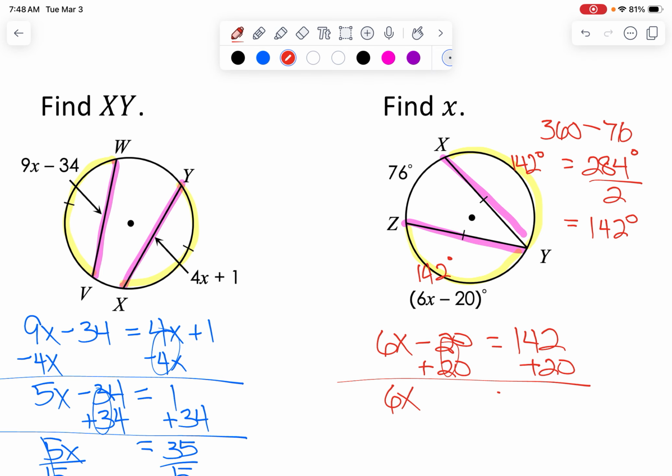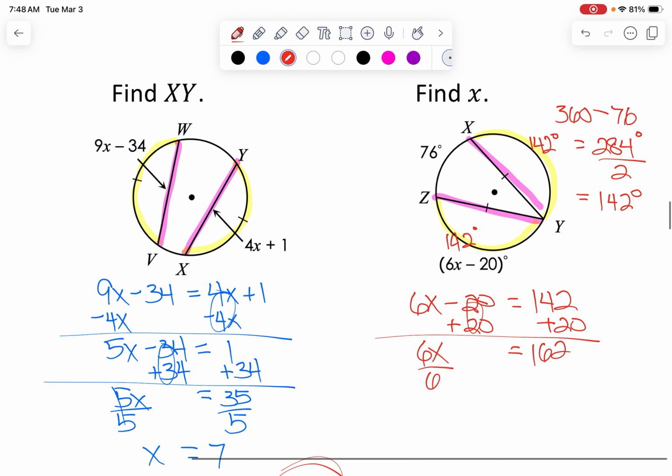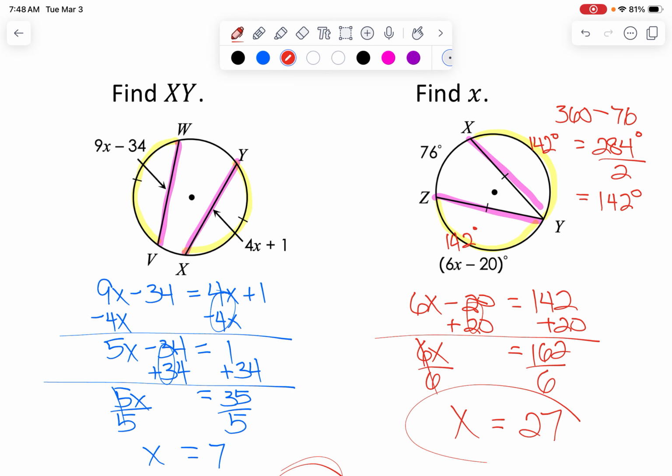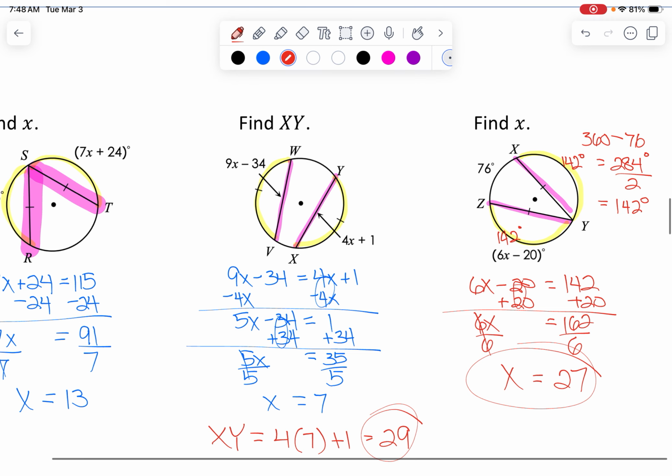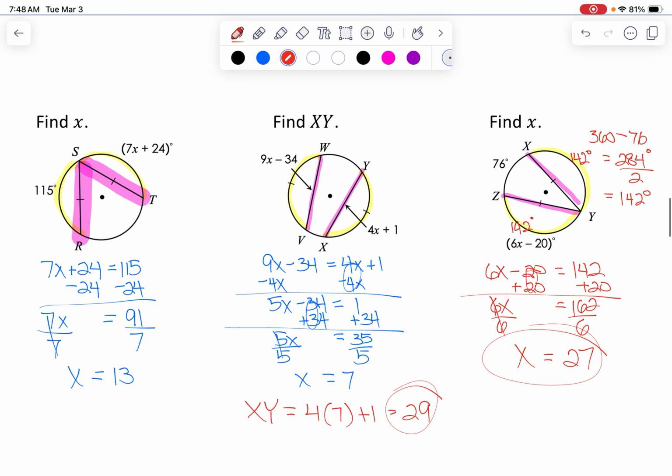Okay, so I get 6x equals 162. We're solving for x here, so just doing that, and that is 27. Okay. All right, so that is how you start using some of those properties. We're going to do a couple more examples to just make sure that we understand all of these properties and how they work.